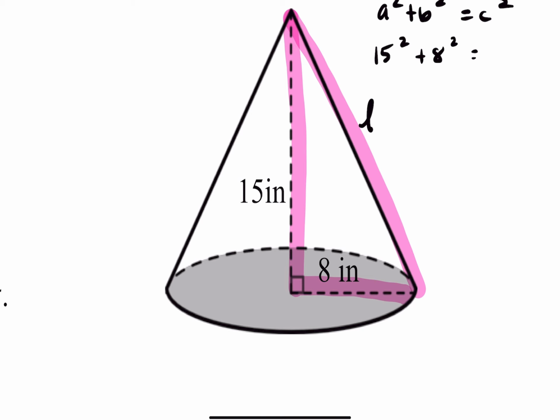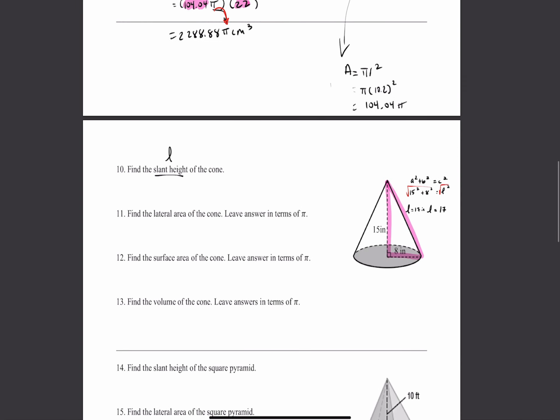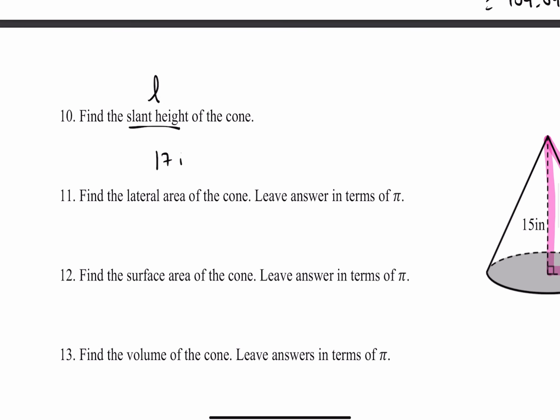C is going to be l, so we have l squared. Now I'm going to take the square root on both sides so that I can figure out what the slant height actually is. So l is equal to 17 inches. Okay, so that's our answer for number 10, 17 inches.